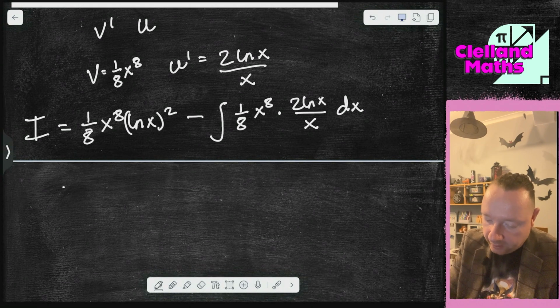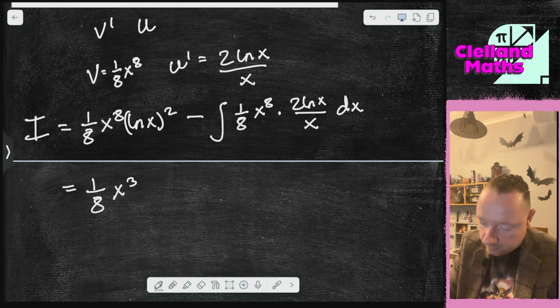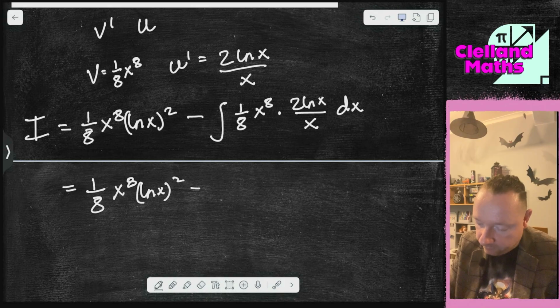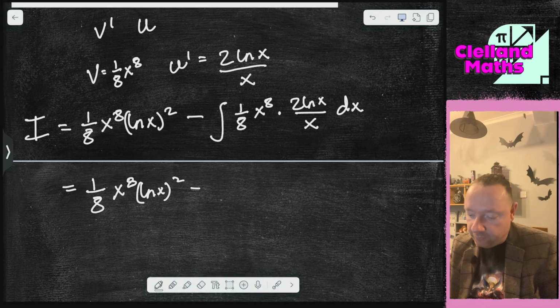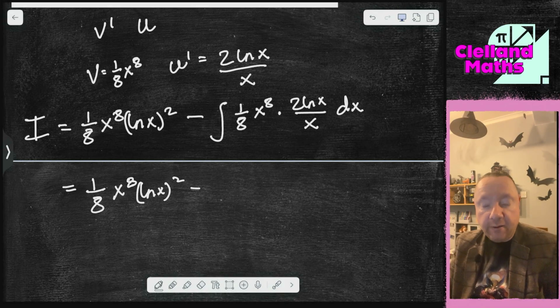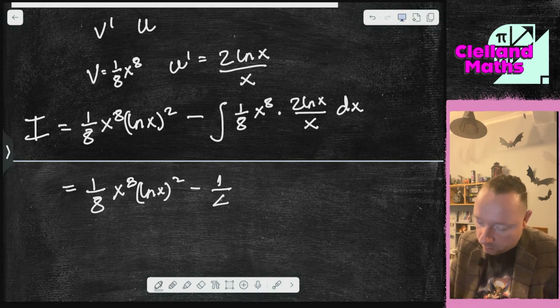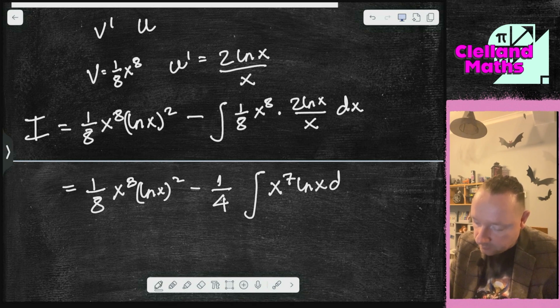So let's see what that gives us. That's 1/8 x to the 8 log of x squared minus 1/8, well, 1/8 times 2 is 2/8, so it's a quarter. So I'll just take that quarter out. And now we've got the integral of x to the 7 log x.